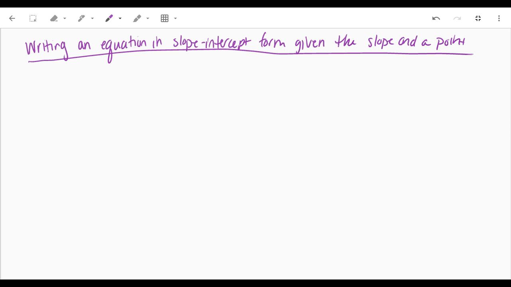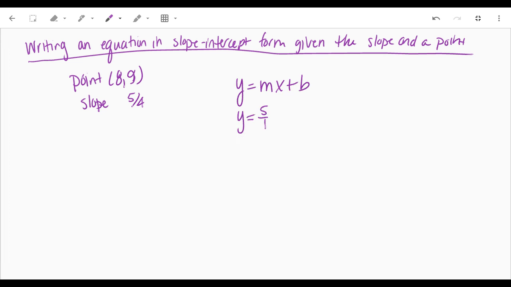Okay, so for example, if we have the point (8, 9) and our slope were 5/4.